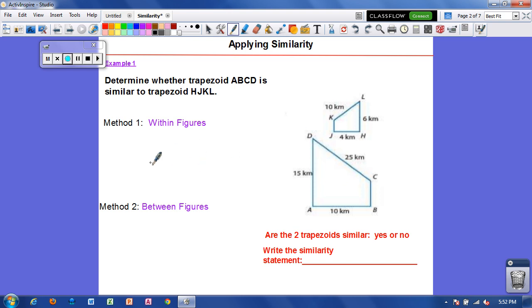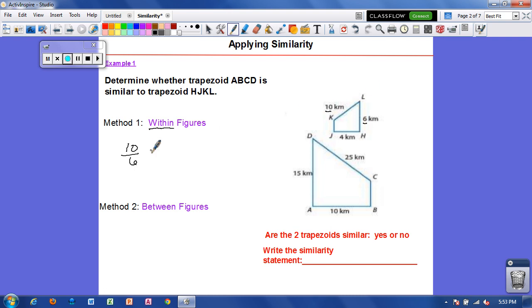So what we want to do first is we're going to set up a ratio within figures. So that means I want to take numbers from the same trapezoid and then take numbers from the next same trapezoid. So let's start with the small one. I am going to use 10 and 6. So I'm going to create a ratio 10 over 6.